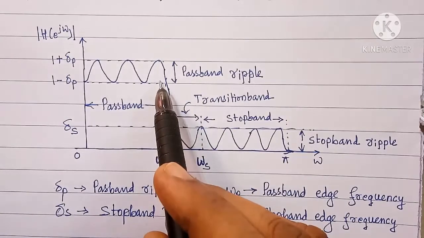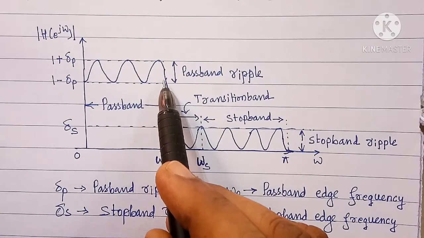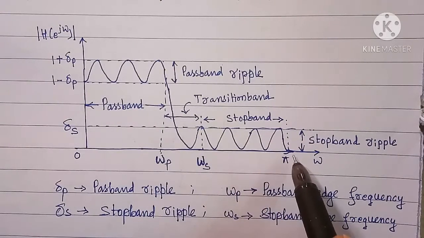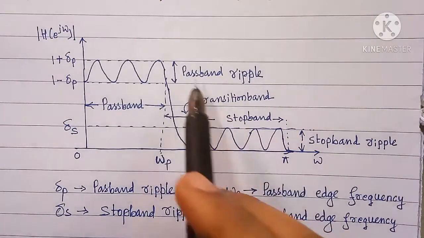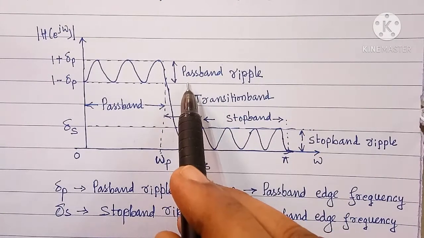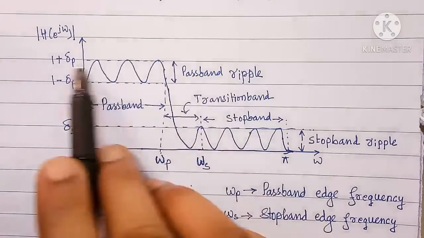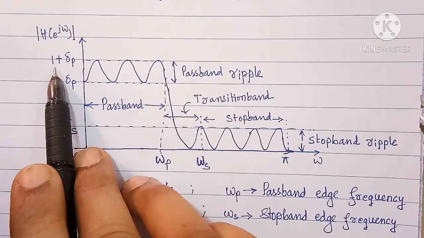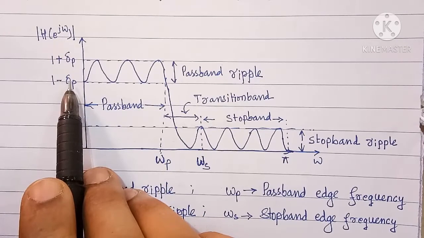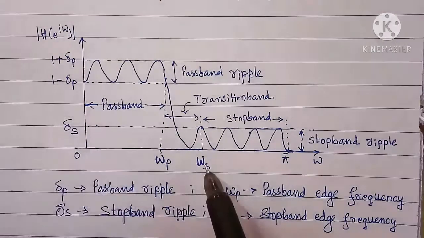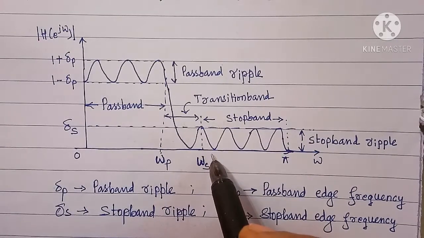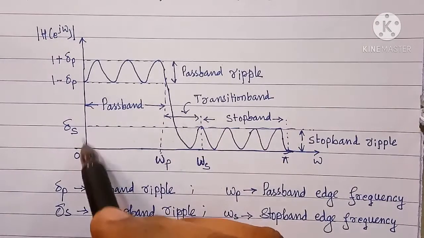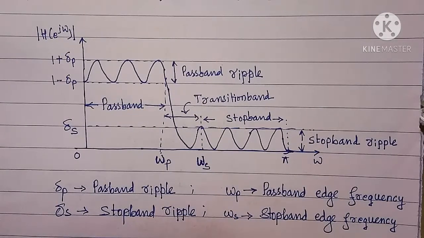There is a small ripple in passband as well as in stopband. The passband ripple varies between 1 plus delta p and 1 minus delta p, whereas the stopband ripple varies between 0 and delta s.